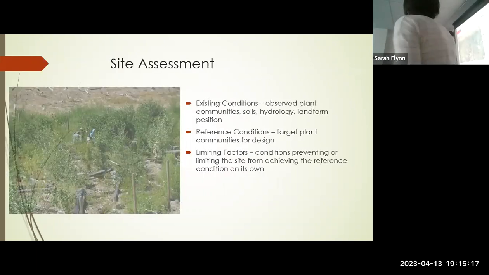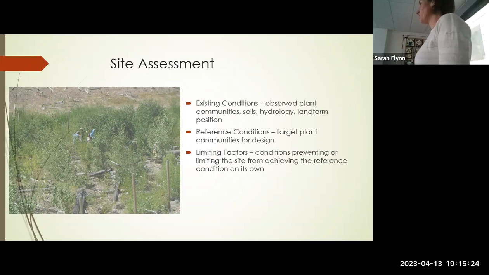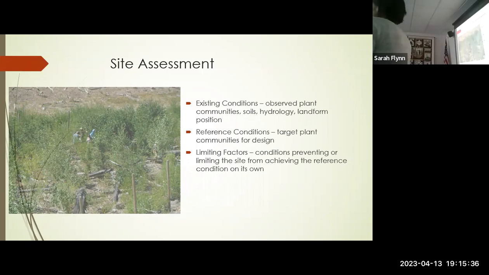Site assessment. What are we looking for when we go out there on a site when we're tasked with coming up with a revegetation plan? First, we want to know what's there to begin with, what kind of vegetation communities are present, the species that are there, what kind of soils are available on site, what the existing hydrology is, whether there's a stream, existing wetlands there, features that we may want to preserve and protect, other sites that maybe are less desirable and not quite the vegetation communities that we're after.